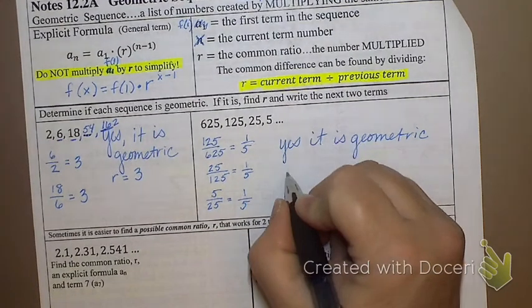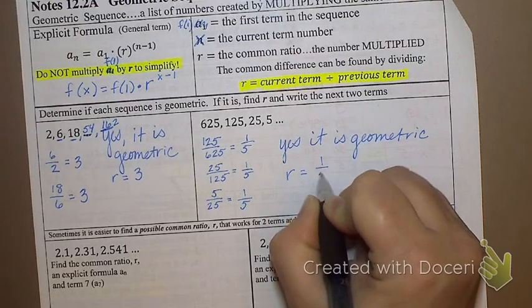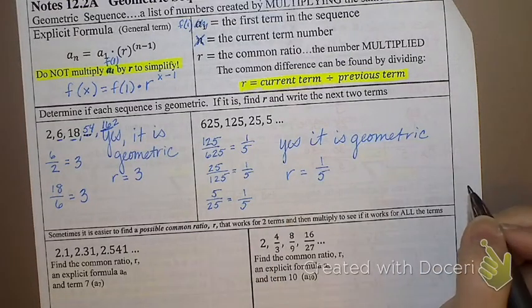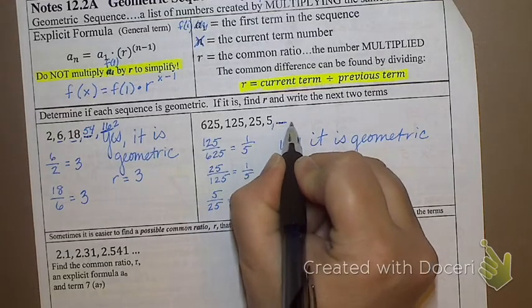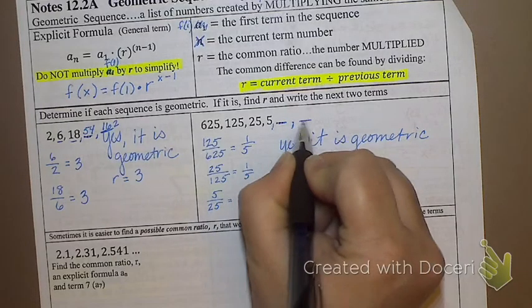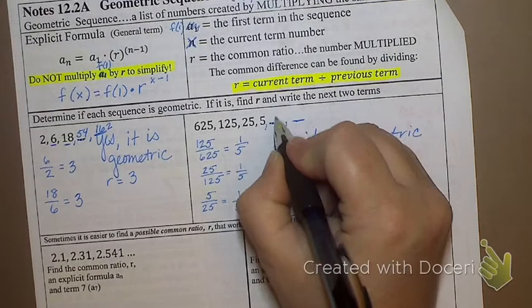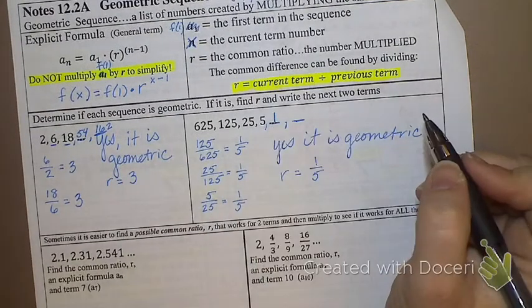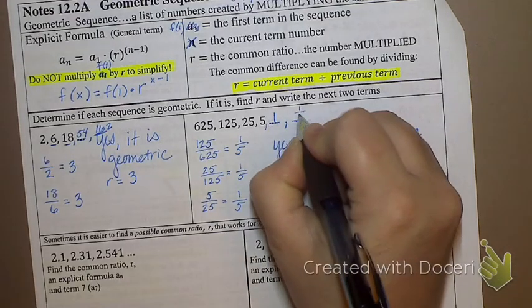It's dividing by 5, which means my r value is not 5, it is 1/5. So, let's see. If I am multiplying by 1/5, what is 5 times 1/5? 1. My next term is 1. What is 1 times 1/5? And that's my next term.